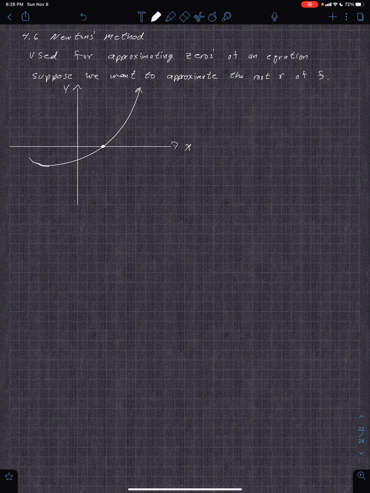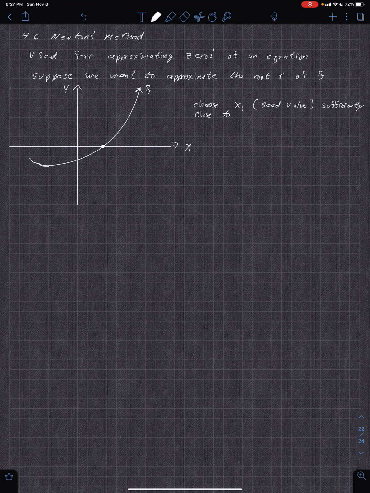So what you do is you choose, so this is my function f here. And so we want to choose, we're going to say x sub 1, a first value. That's called a seed value. Sufficiently close to r.